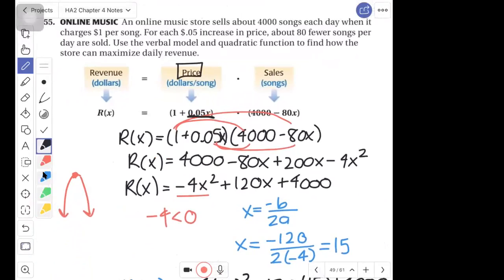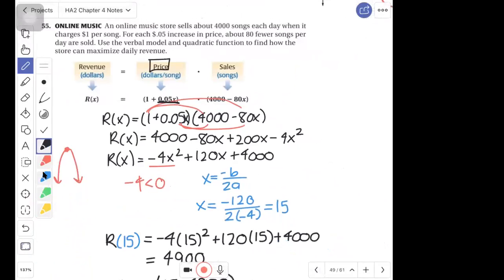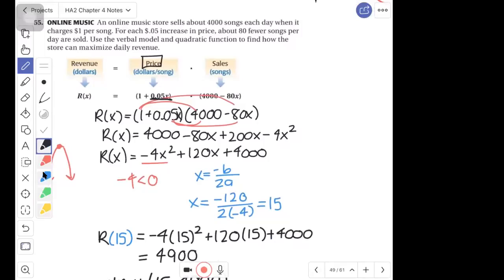So in order to determine how much they should increase their price, we need to plug that 15 into that price function, or part of the function, which is that 0.05 times x. We're going to forget about that 1 right now. So we're plugging 15 in, and we end up getting 0.75, and we're talking about price, so this is dollars.